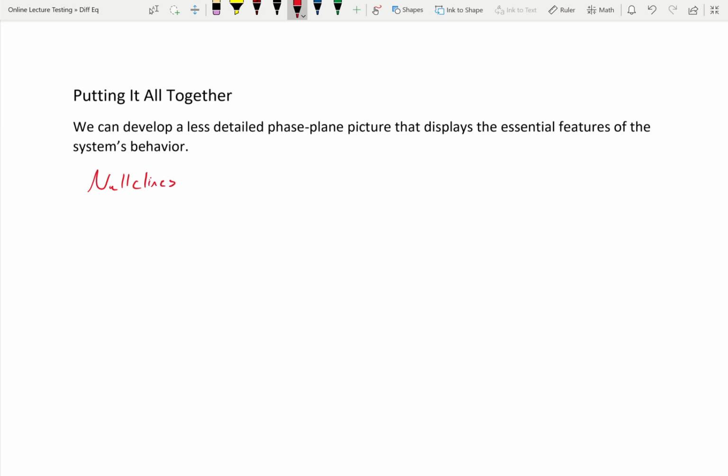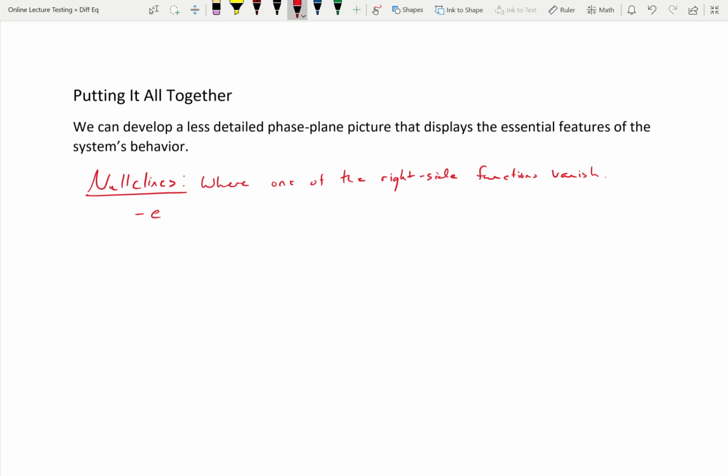Now we've talked about these before, but we called them isoclines when we're dealing with the direction field of a scalar differential equation. So again, scalar means that we're dealing with one equation instead of a system. All right. So a null cline is where one of the right side functions vanish, meaning go to zero.